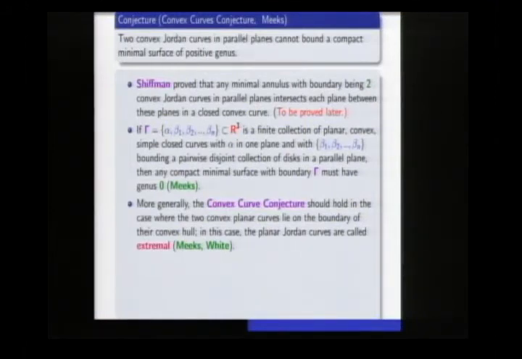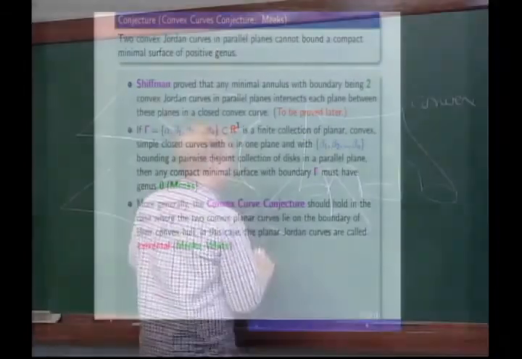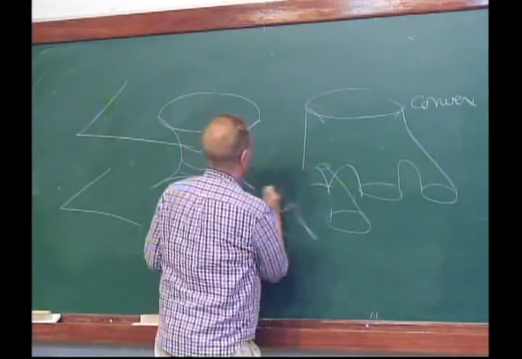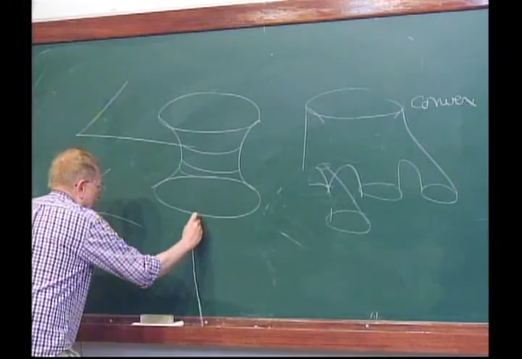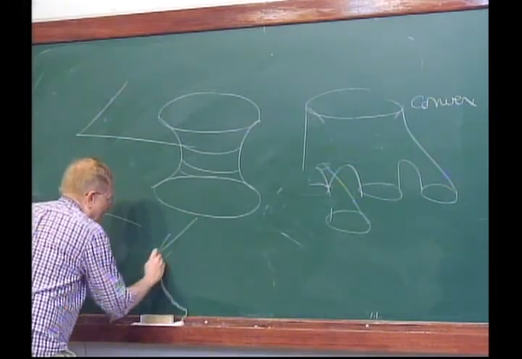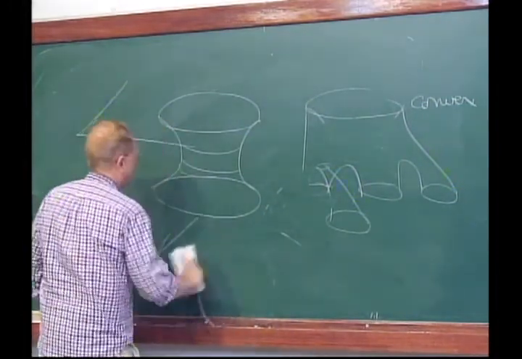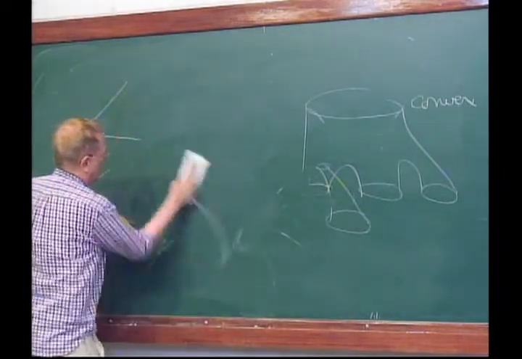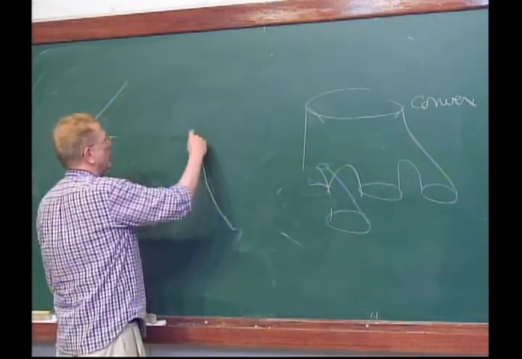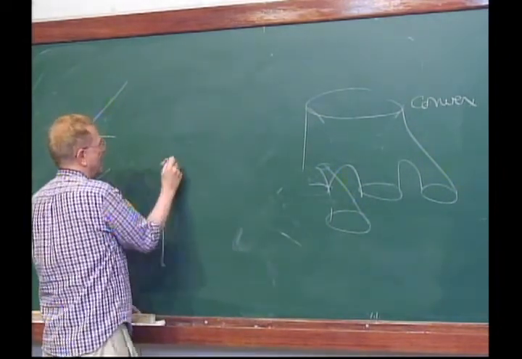Oh, right. I guess in general, that same conjecture and even this conjecture, they both should hold when the curves are what are called extremal. So in other words, suppose you have the two Jordan curves that lie on the boundary of a convex hull.